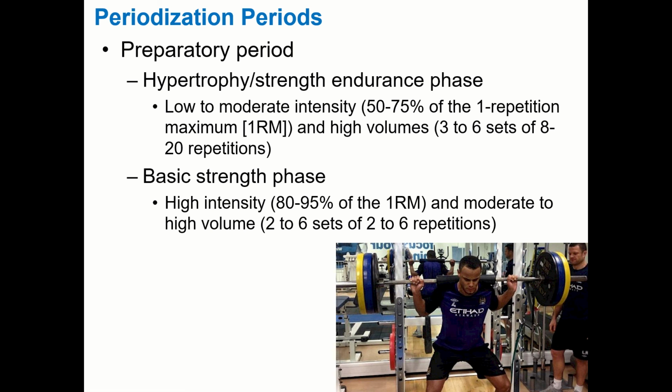Again, the idea with this general preparatory phase is to lay that physiological foundation. For our strength and power athletes, we're trying to make them bigger, we're trying to make them stronger. For our endurance athletes, we're trying to lay that aerobic base so that they get more capillaries, more mitochondria, higher plasma volume, those kinds of things, capillaries and mitochondria in the trained muscle cells.